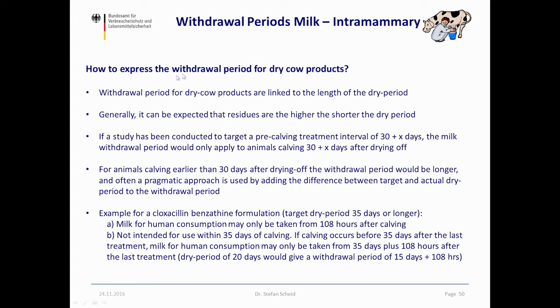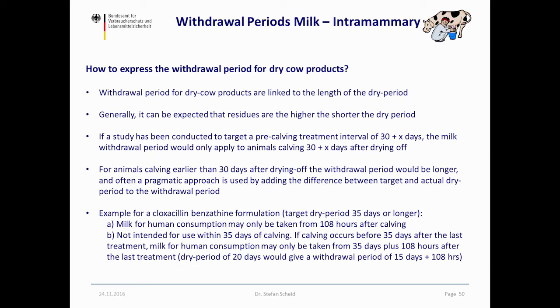And how to express withdrawal times for dry cows, this is a long discussion, so Miguel knows more than me about this. The withdrawal times for dry cow products after calving are sometimes linked to the length of the dry period. In general, it can be expected that residues are higher the shorter the dry period. For shorter dry periods, there are more residues at the beginning of the milking than for longer dry periods.